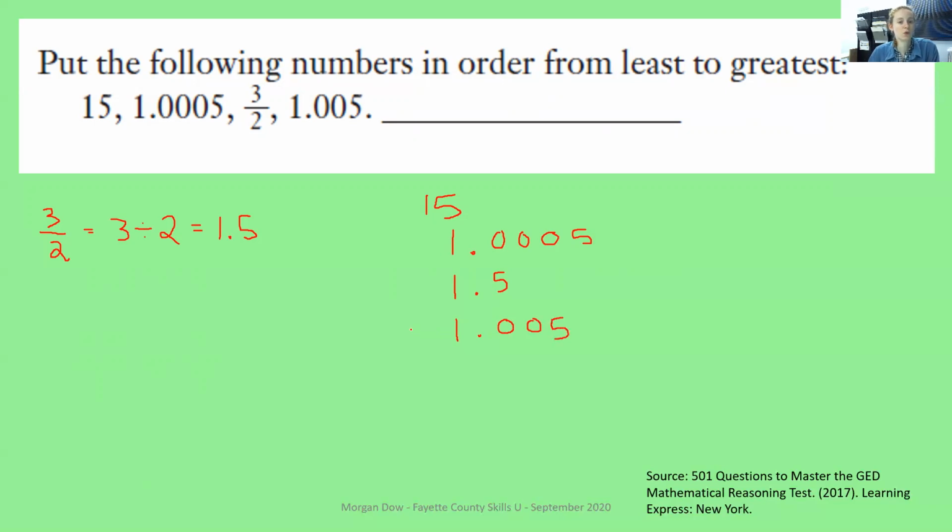We want these in order from least to greatest. One thing you might find helpful is to fill in your empty spaces. So I'm gonna add a decimal point here, and I'm gonna fill in all of the empty spaces, right? What does emptiness mean? It means nothing, it means 0.